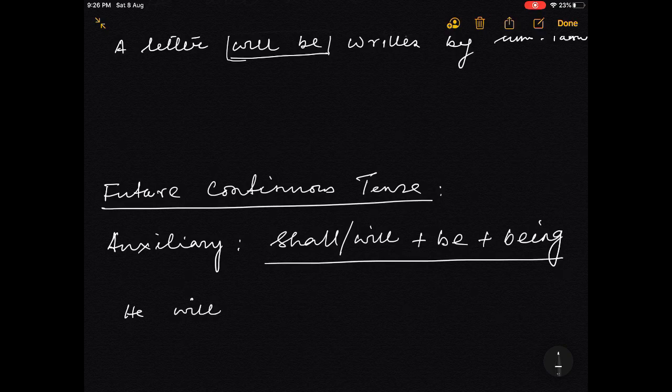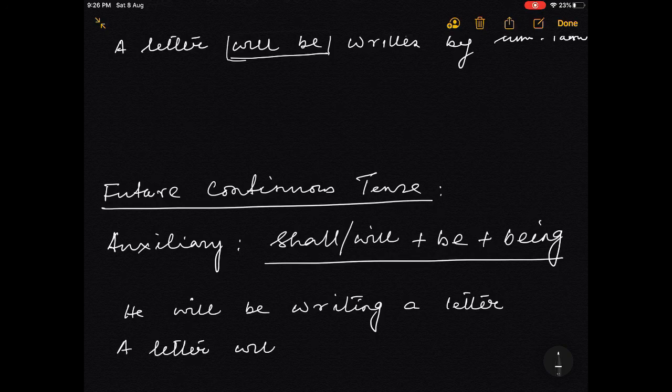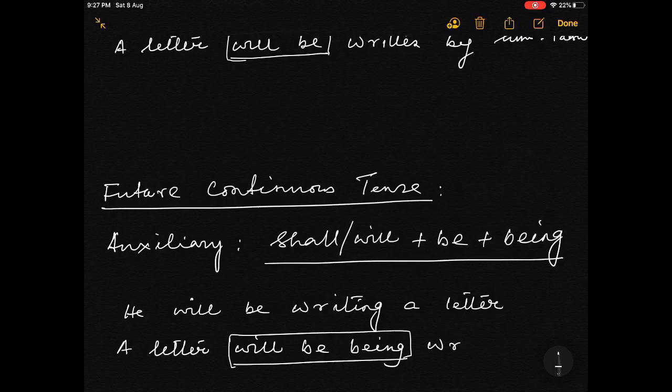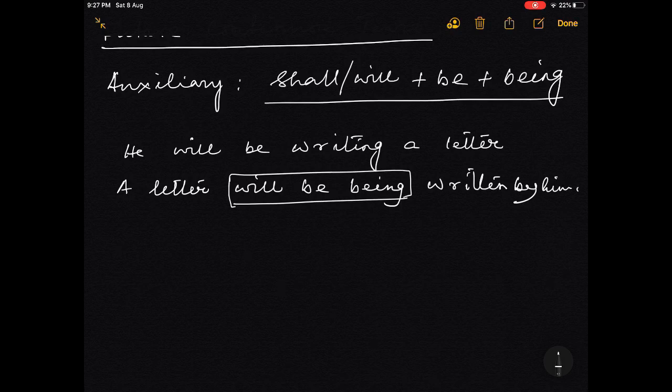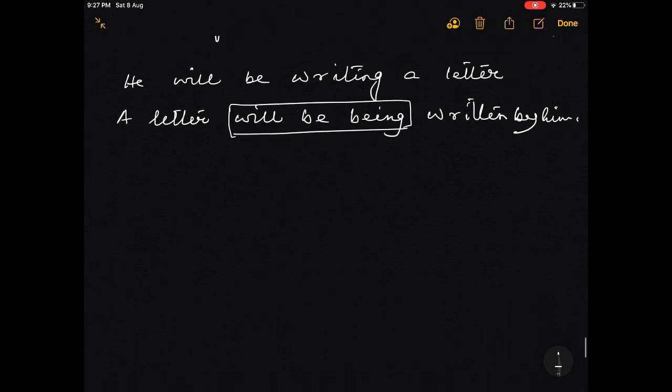He will be writing a letter. Now it will be a letter will be being written by him. Future continuous tense. Now future perfect.